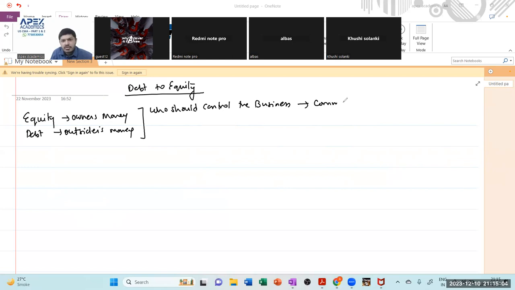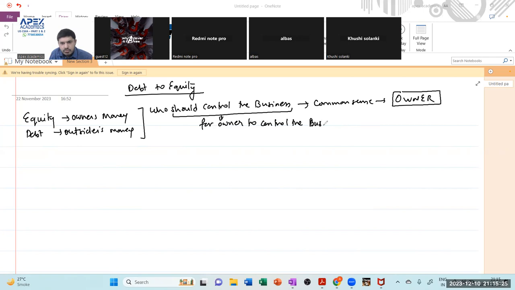Common sense says owner. So obviously, for the owner to control the business, what should happen? Your equity funds should be greater than your debt funds.